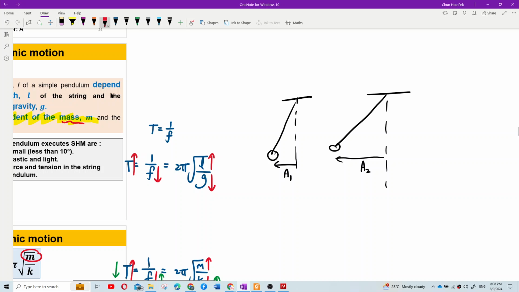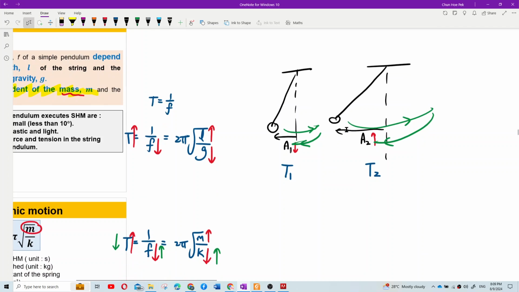So you can see A2 is much higher, A1 is smaller. I want to ask you, what's the difference between their period 1 and period 2? Which one do you think will take longer time to oscillate?